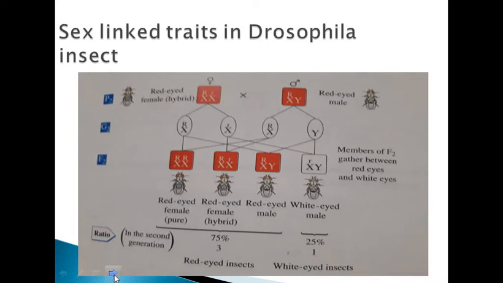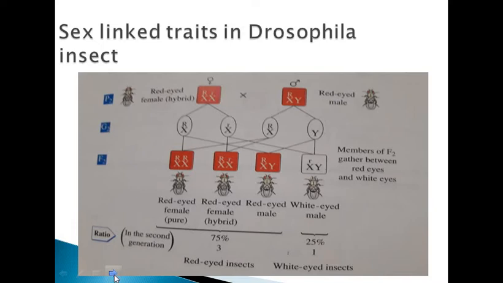What about the generation? Three of the generation will have a red eye, and one will have a white eye. Of the red eyes, two will be females, one of them pure and one of them hybrid, and one of the red eyes will be a male, and the white eye is male.